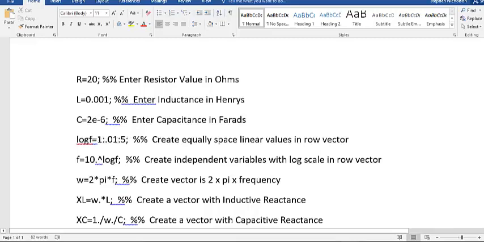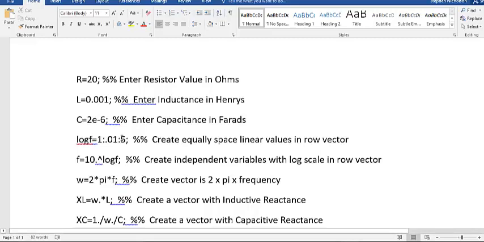This creates an array which has 500 elements: 1, 1.01, 1.02, 1.03, all the way up to 5. This is the starting number, this is the ending number, this is the increment.